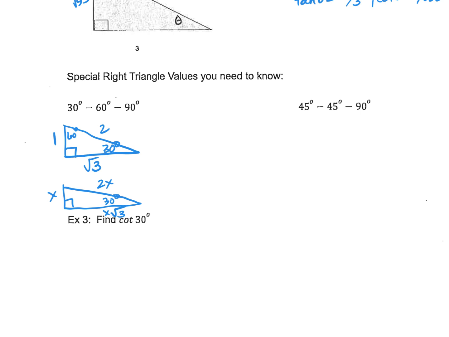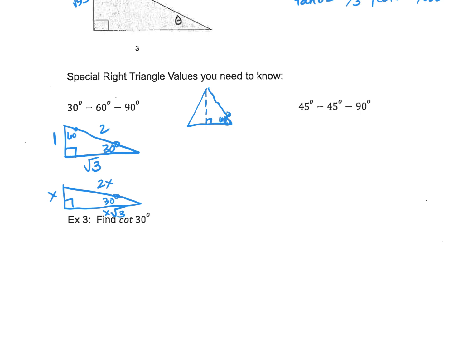45, 45, 90. Now, do you know where that comes from? It comes from an equilateral triangle, guys. Think about it. If you had an equilateral triangle, which means all 3 sides are the same, that means all 3 angles are the same too, doesn't it? What do the 3 angles of a triangle add up to? 180. So if you divide that by 3, what are each one of them? 60, 60, and 60. And if you drop this altitude right here, this is 60, isn't it?